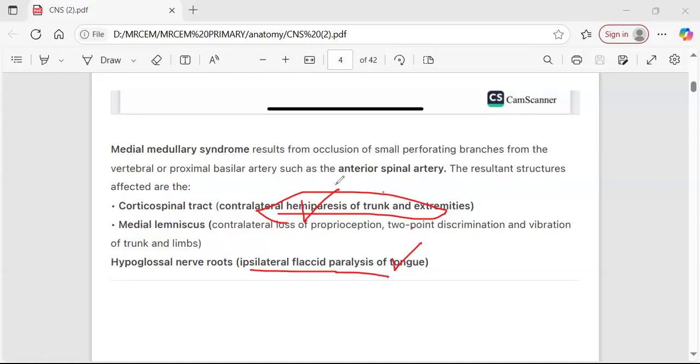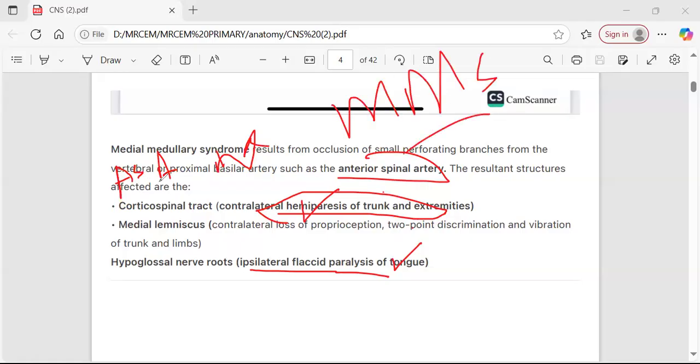You can remember that the artery involved is ASA. So ASA, additional secretary admin, has sent MMS. That's how you can remember it. The anterior spinal artery is involved in the medial medullary syndrome. MMS, ASA.